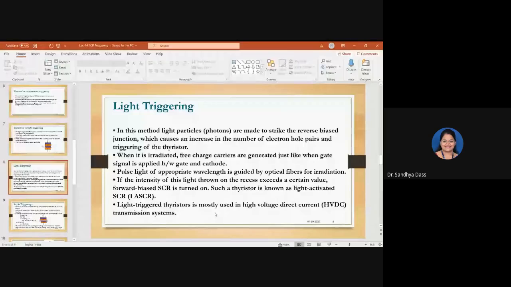Okay, so mainly this type, that is LASCRs, are used in high voltage direct current transmission systems. The application lies here. Right.